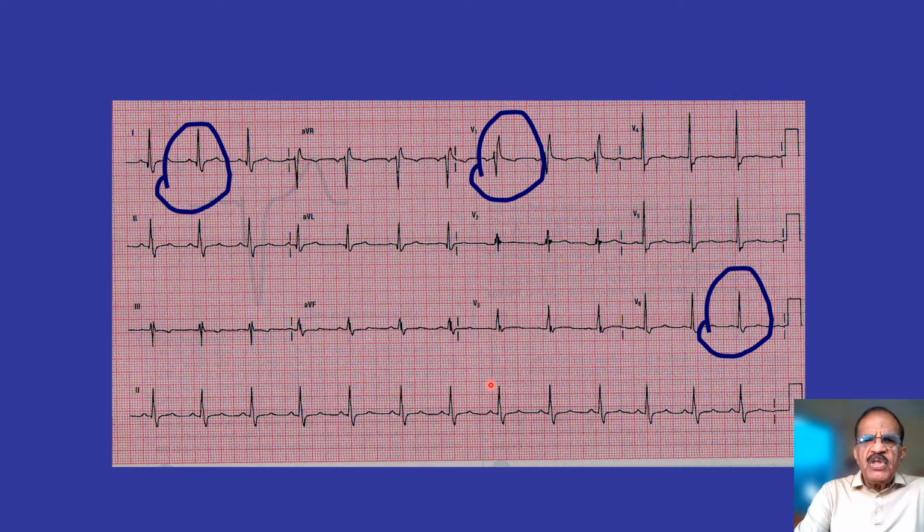So what have we seen so far? A sinus rhythm, broad QRS complexes, a deep and broad S wave in limb lead 1 and AVF, and we have seen a unique broad complex RSR: initial R, then S, and then R prime.